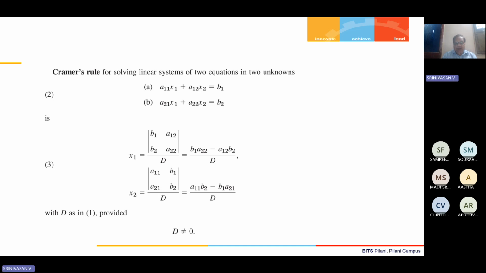Similarly, y is equal to dy divided by d. So you should know what is d, what is dx, what is dy, isn't it?